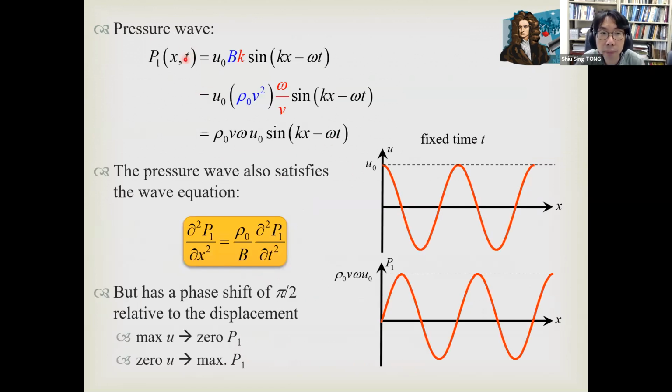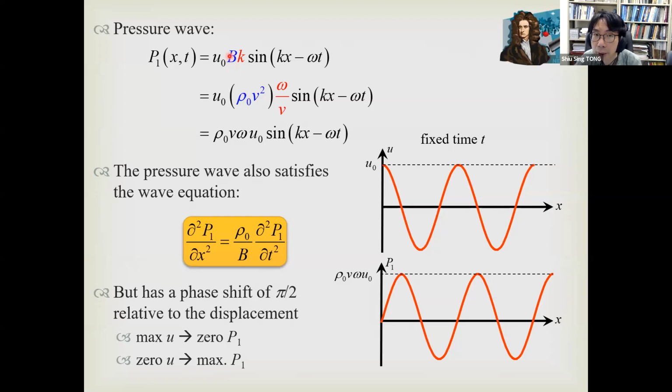Now we may also write the pressure change in a nicer form. In the previous formula, we expressed it in terms of B and k. But we can also express it in terms of the speed, because we know that v squared is B over rho naught.